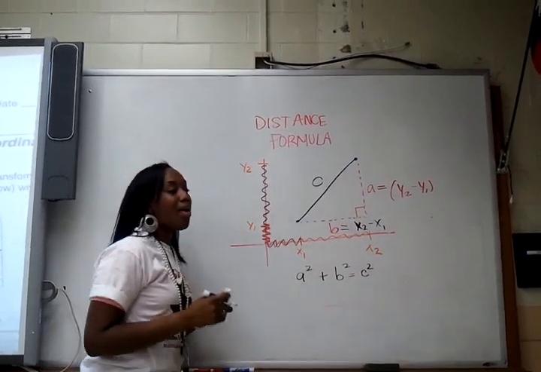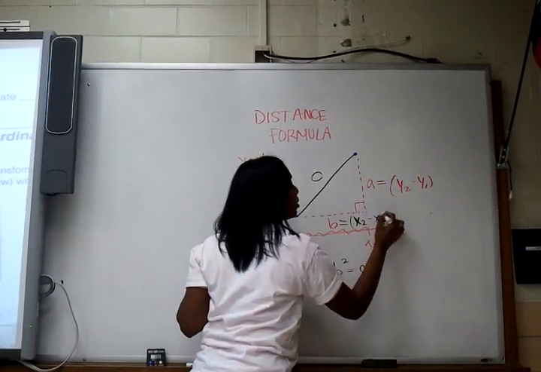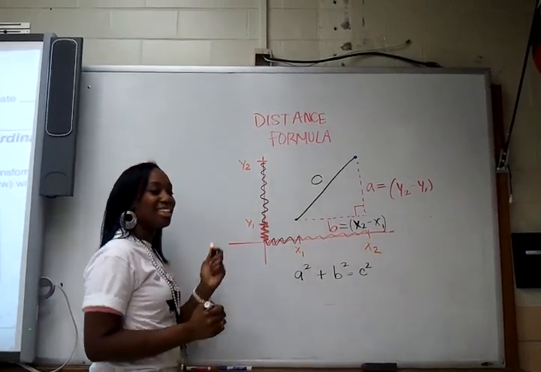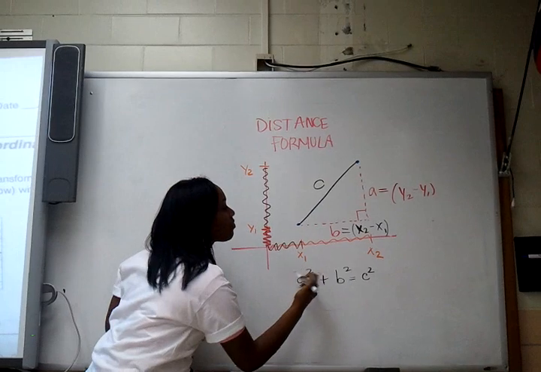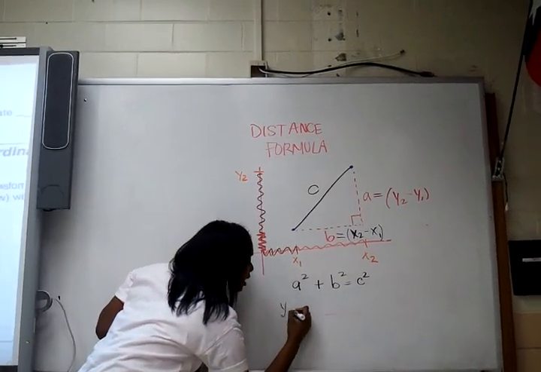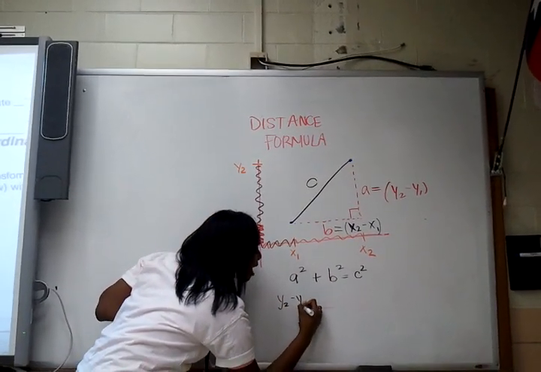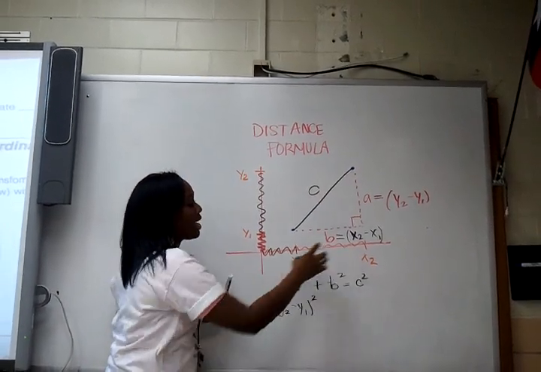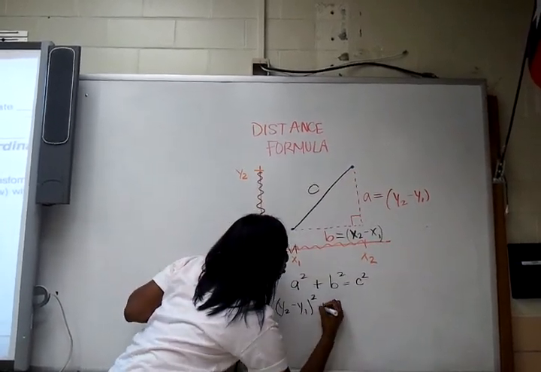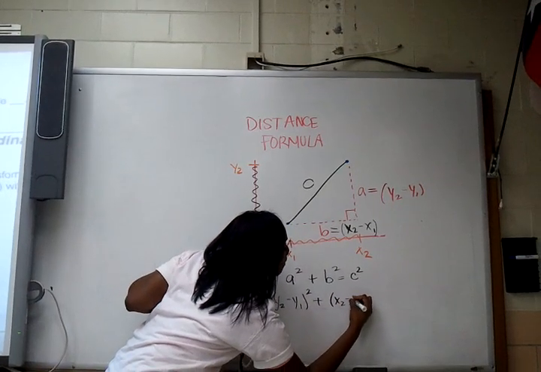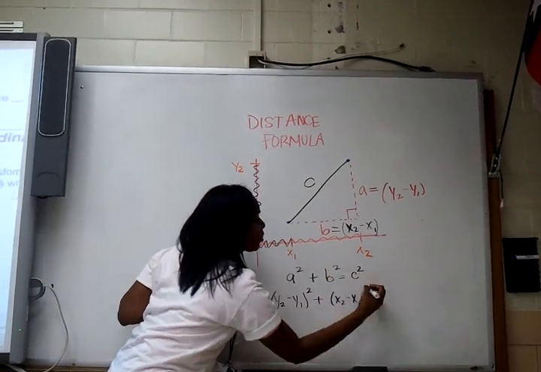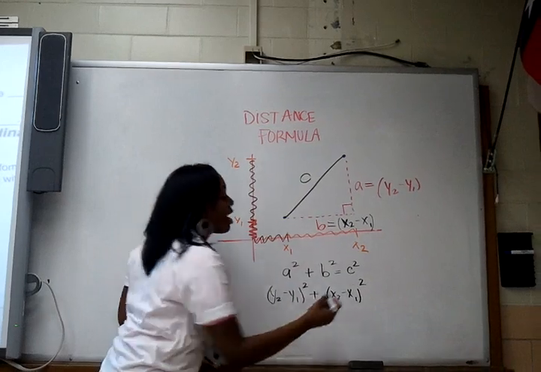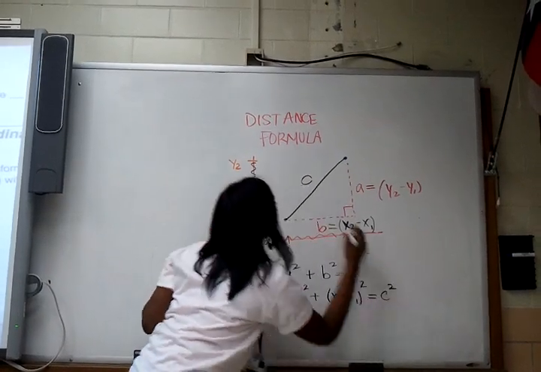Okay? And so I love to say plug and chug. Plug and chug. So that's what we're going to do. For A, we're going to plug in y2 minus y1 squared. And then for B, it's now x2 minus x1, and it's squared. Okay? And that all equals our C squared.